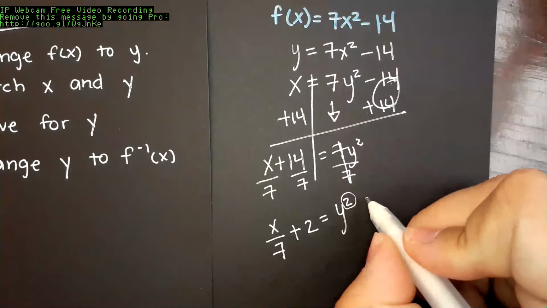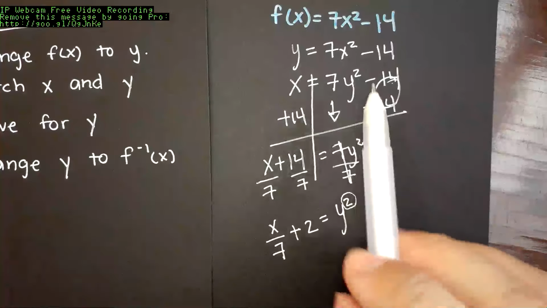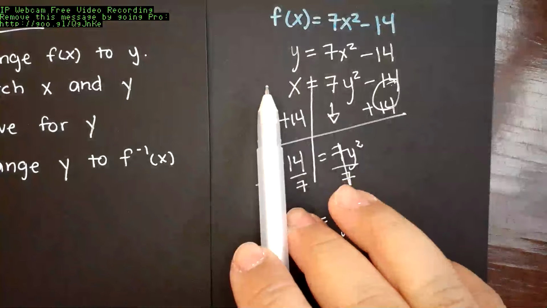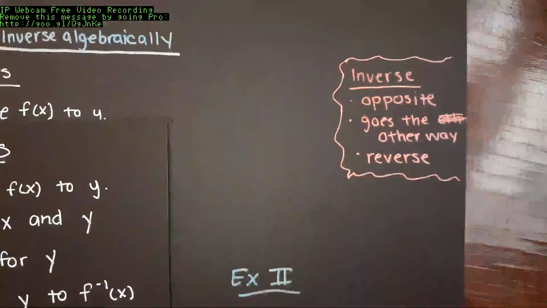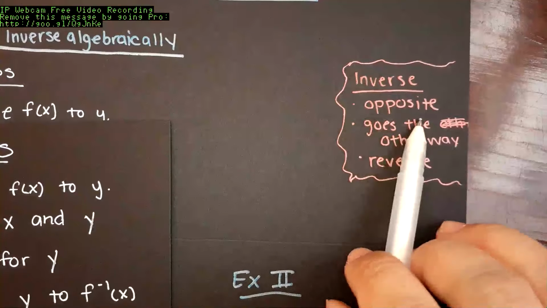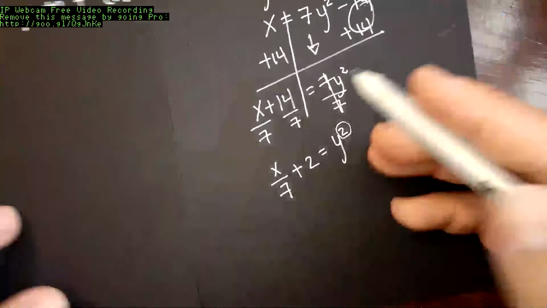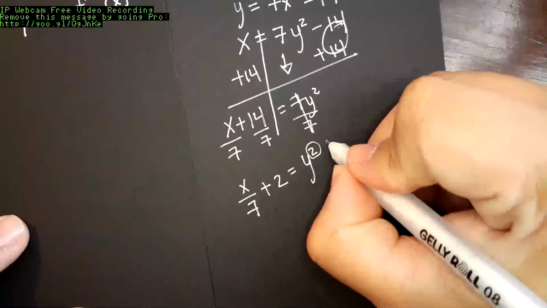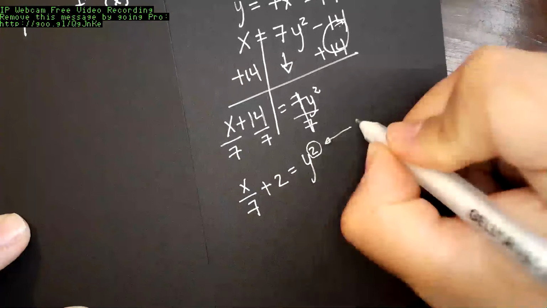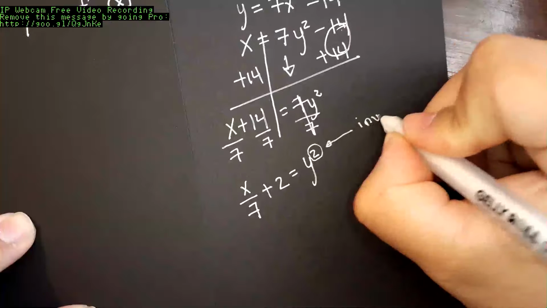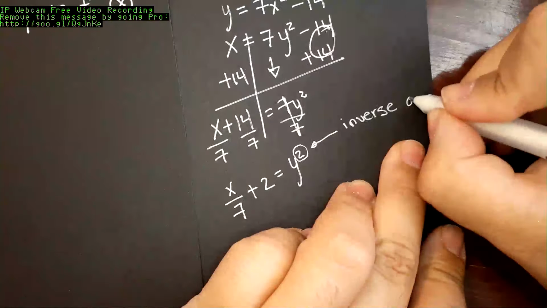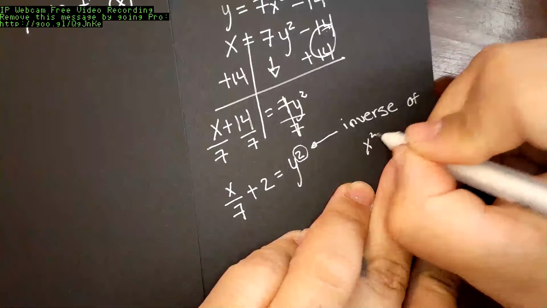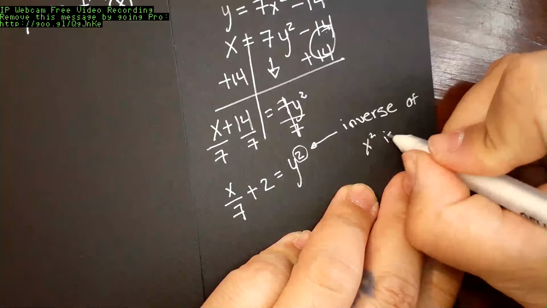If you haven't figured it out already, whenever we move something to the other side of the equal sign, we're doing the opposite operation. So if we look up here, remember the opposite, so we're actually doing the inverse. It's important to know that the inverse of a squared is a square root. So the inverse of x squared is a square root.